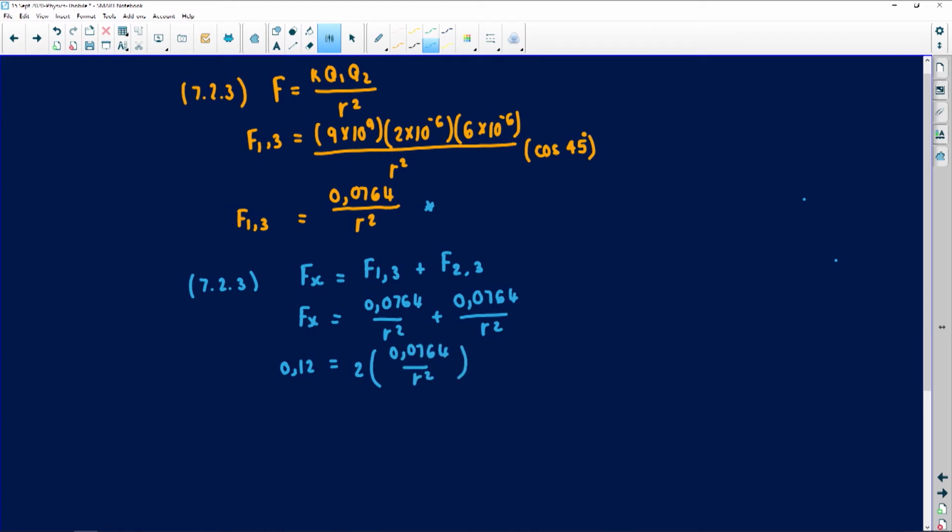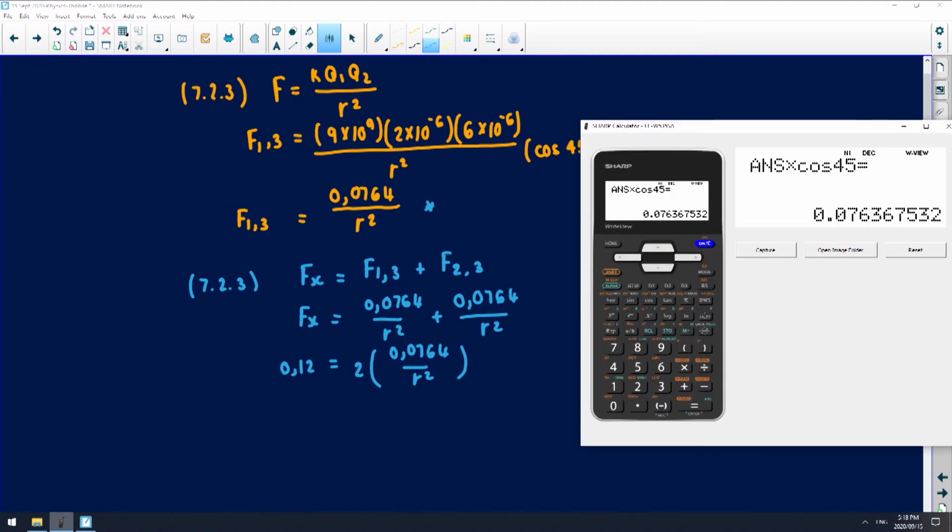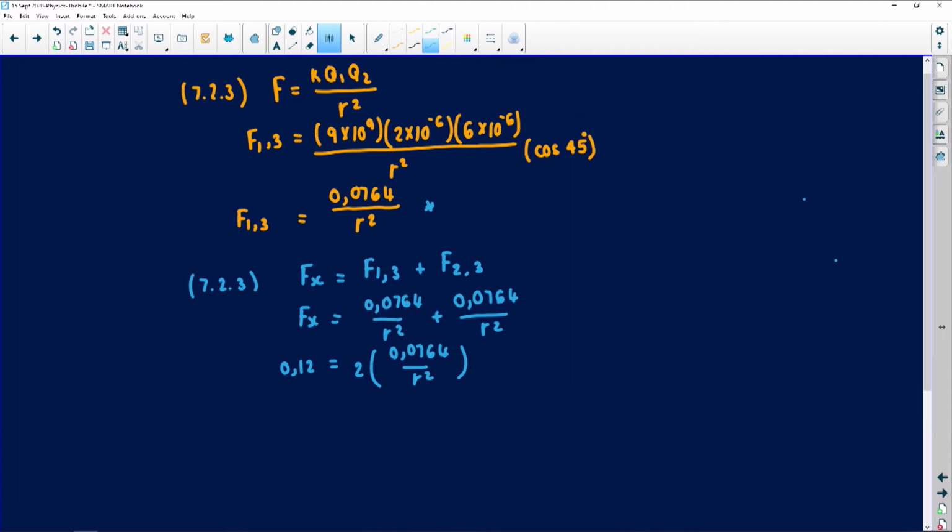Now it's just mathematics. I'm going to multiply the top parts together. So I can just take that, multiply that by 2. I get 0.15 to 27. So I'm going to have 0.12 on this side. I'm going to have 0.15 to, let's make it 0.1528.